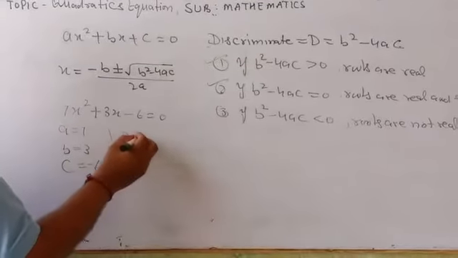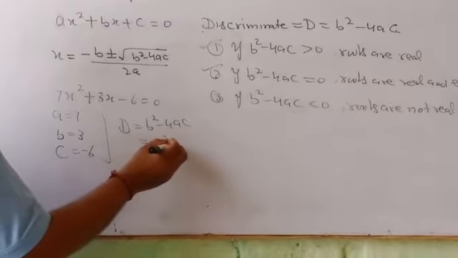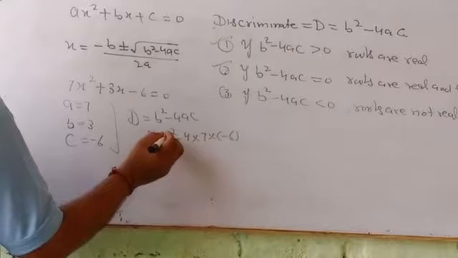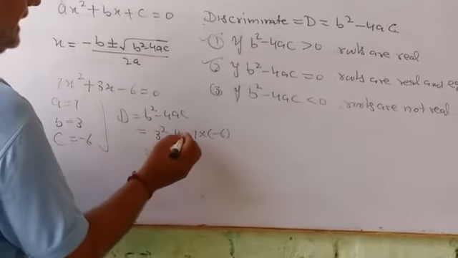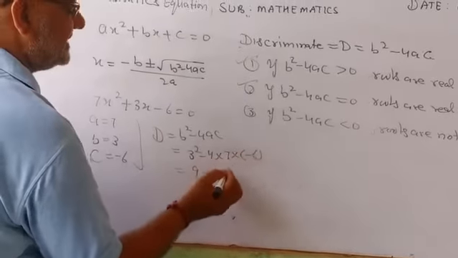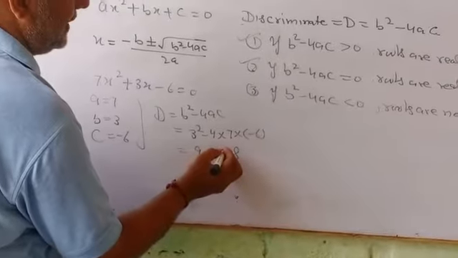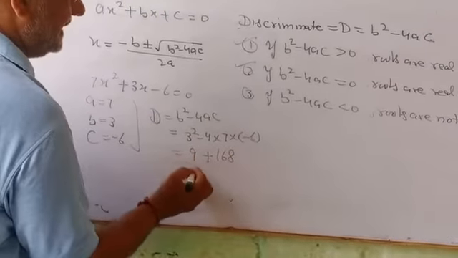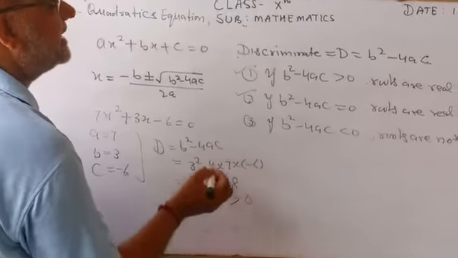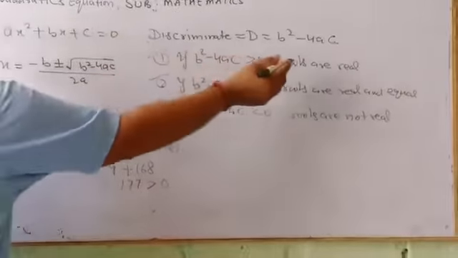Find D, that is b square minus 4ac. 3 square minus 4 into 7 into minus 6. 3 square is 9, and minus times minus is plus, so 4 times 7 is 28, 28 times 6 is 168, and 9 plus 168 is 177. We know that 177 is greater than 0. So this is the case of the first, and roots are real.